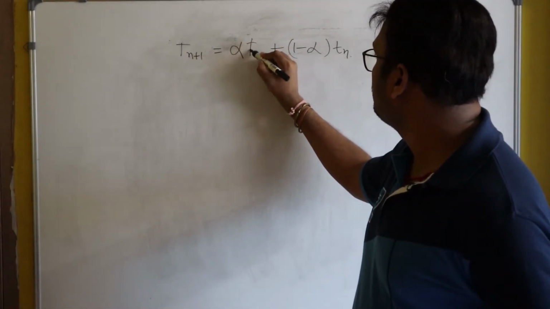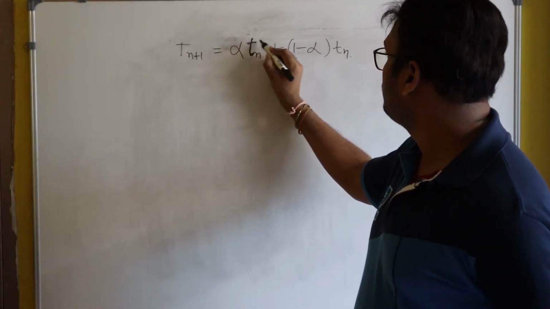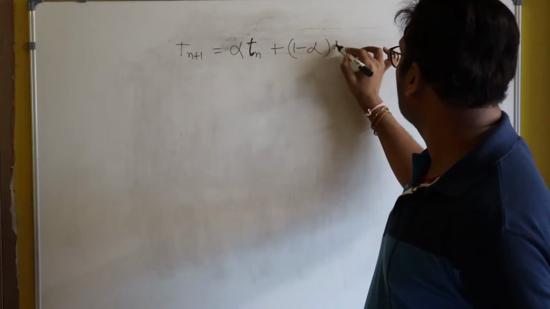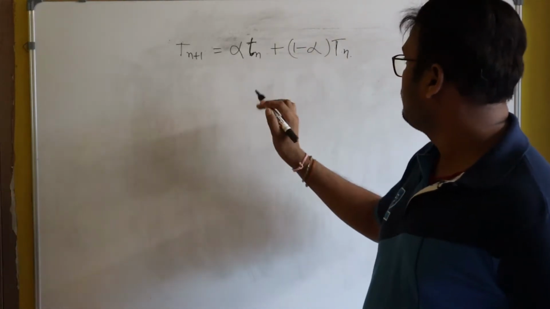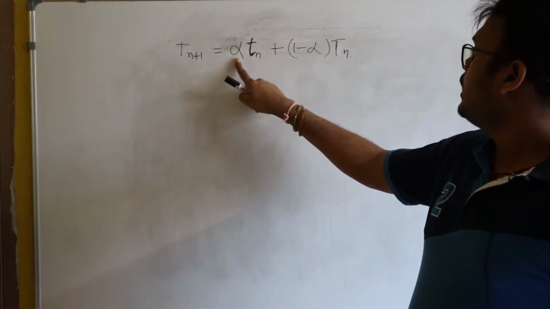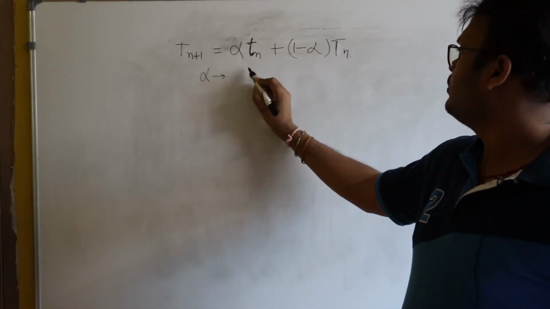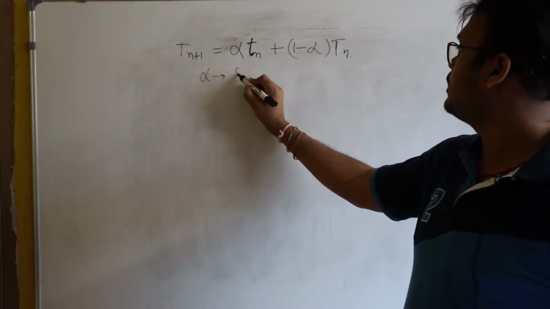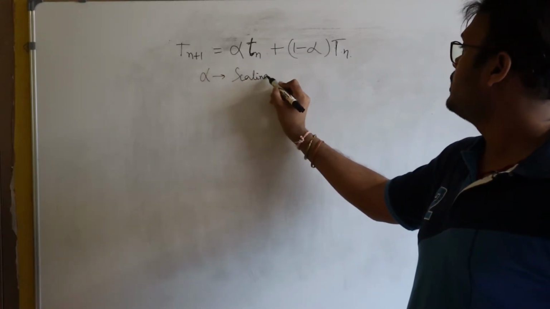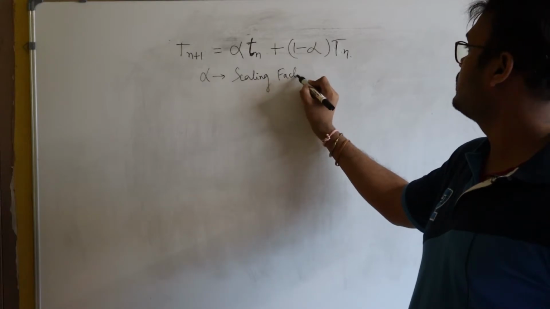Let's write small t here and capital T here. Here alpha is a scaling factor. Don't worry about the term, you don't have to know too much about it. Its value will be given in the examinations.